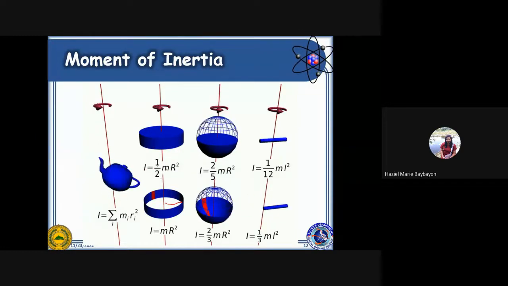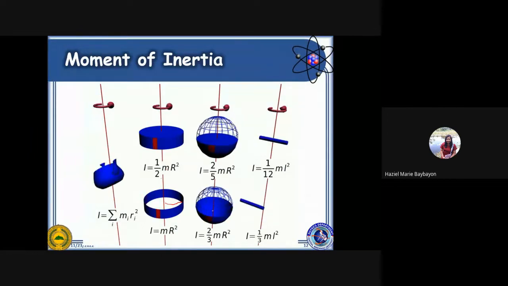Okay, so this is the value of the moment of inertia for two cylinders, one is hollow, the other one is solid. For spheres, so kini siya, this is a hollow sphere, meaning to say, murag bola sa ping-pong, for example.